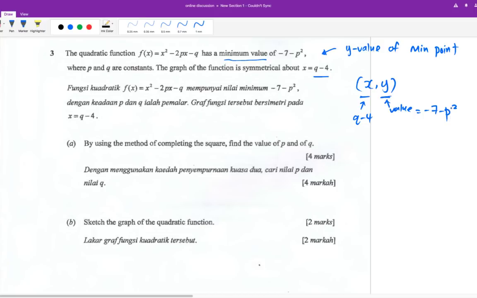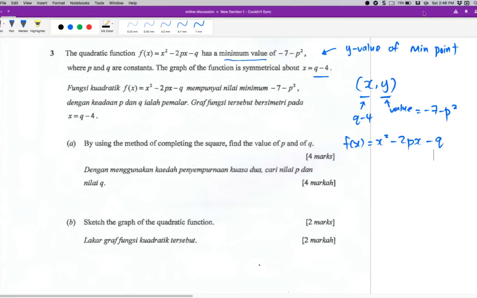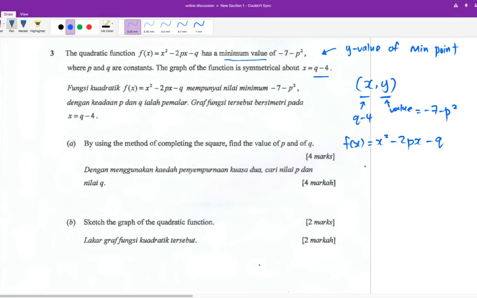The next thing I will do is a complete square for my f(x). So I have f(x) equals x squared minus 2px minus q. In order to make sure I do things correctly, if the coefficient of x squared, the number in front of x squared, is positive 1, you just copy the first term and the second term.